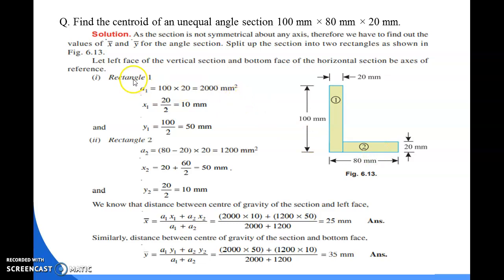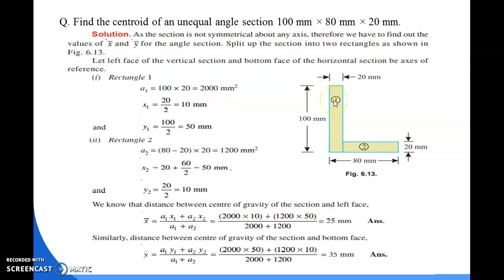So for section 1, we have to calculate the area first. As it is a rectangular section, the value will be b into d. So here 100 into 20 is equal to 2000 mm square.